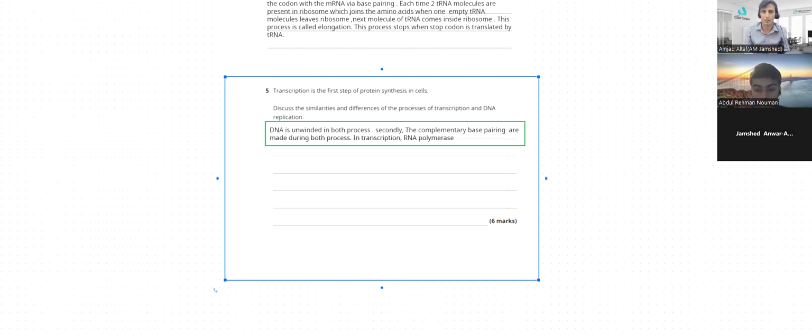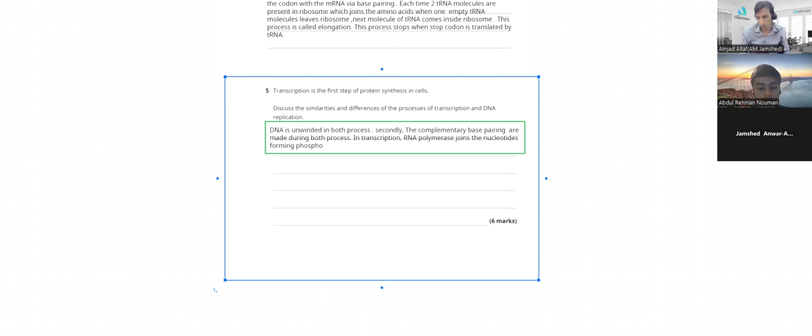You're also right that the RNA polymerase joins the nucleotides, forming phosphodiester bonds in RNA. Yes, that's another similarity you can add.